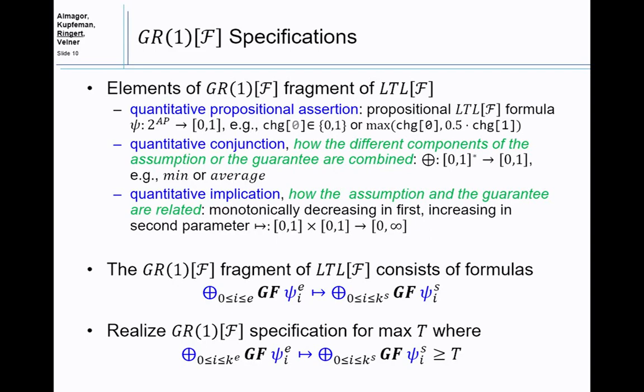This would be an operator that maps many values to one value in [0, 1]. And then we have this quantitative implication that relates the assumptions and the guarantees. So the GR1F fragment would have this nice structure where we have these conjunctions. We have the globally finally of the quantitative propositional assertions, and then our implication for the assumptions, and the same for the guarantees on this side.